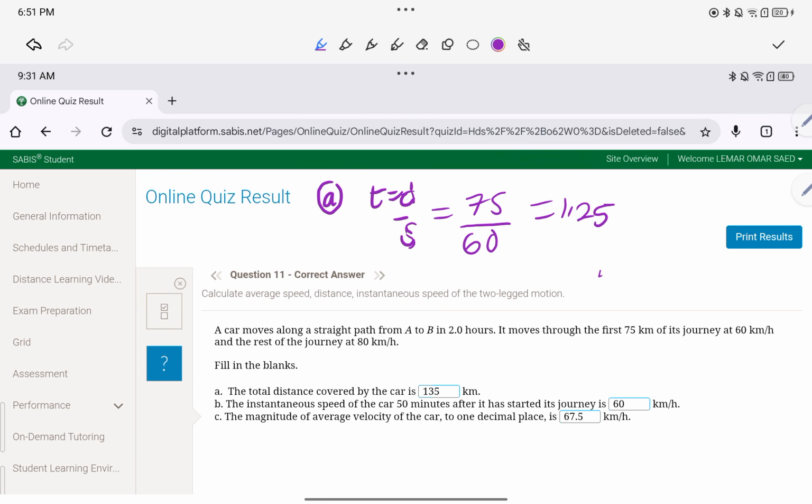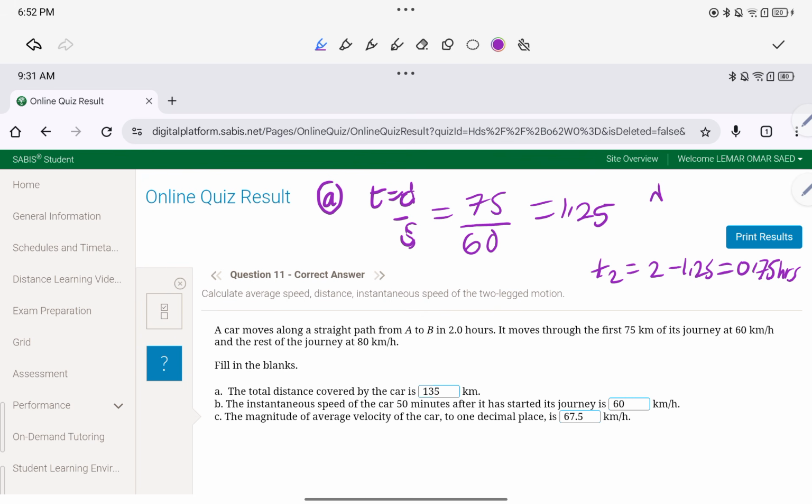Now T2 is 2 hours minus 1.25, so 0.75 hours. Okay. Now we have to add the time together. First thing, let's find. Yeah, no, sorry. Not add the time, add the distances together.